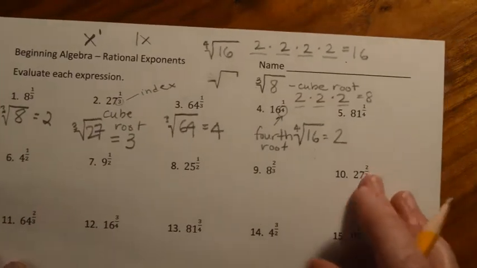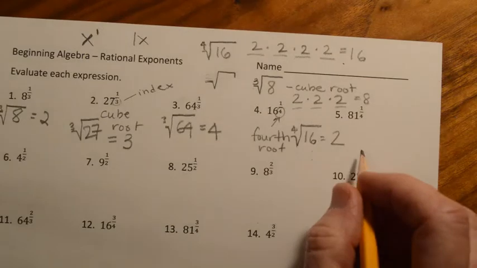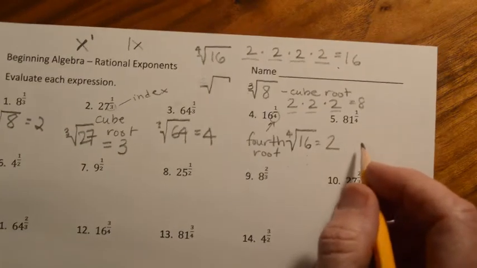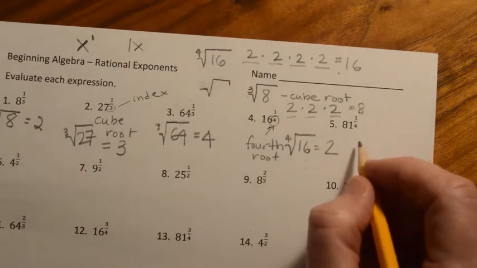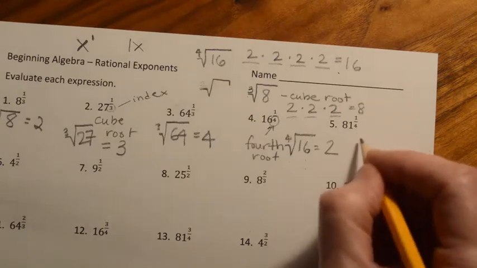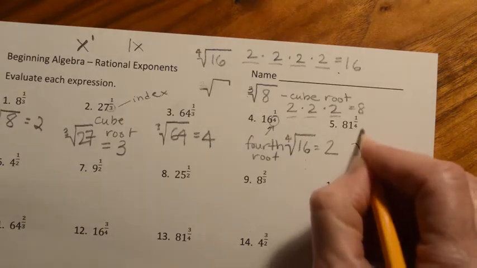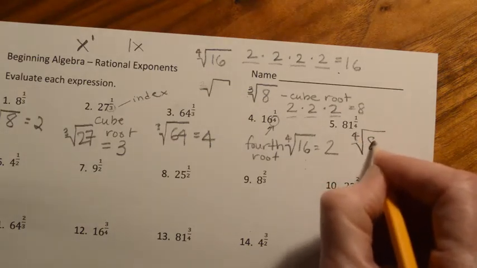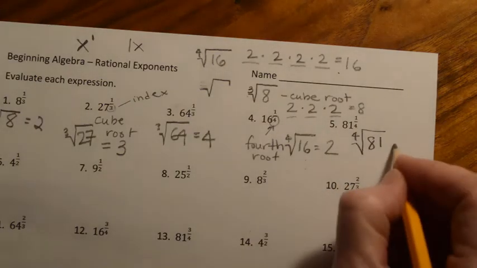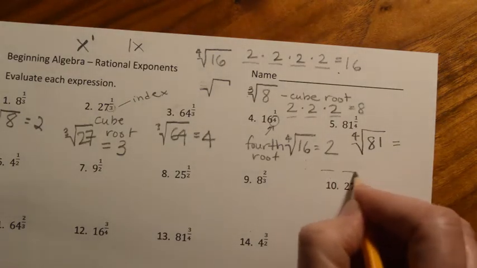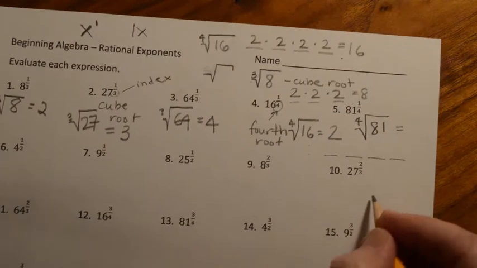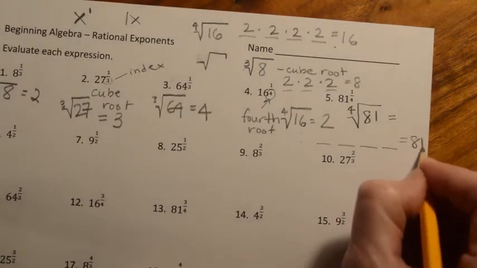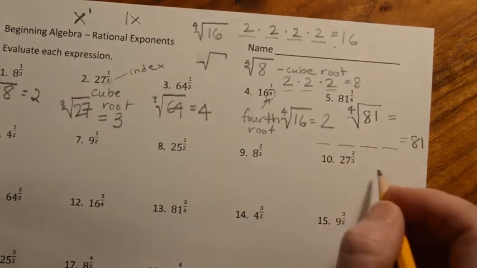So let's just do one more, since this is the first time we're seeing it again, since just under a week. So this right here means the same thing as the 4th root of 81. And then we would say, okay, if I take some number and multiply it together 4 times, it should give me 81. What number does that?